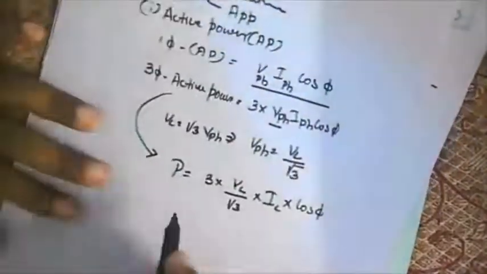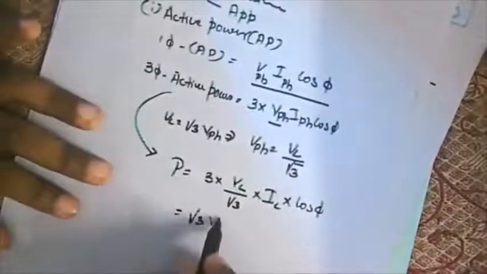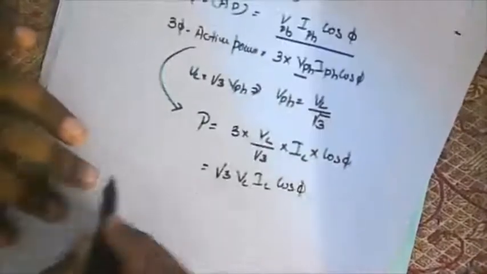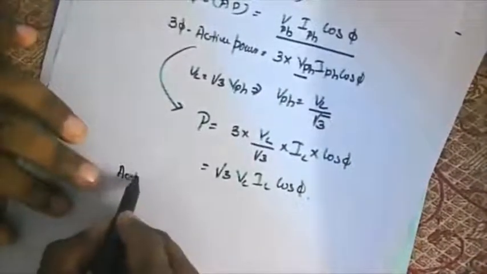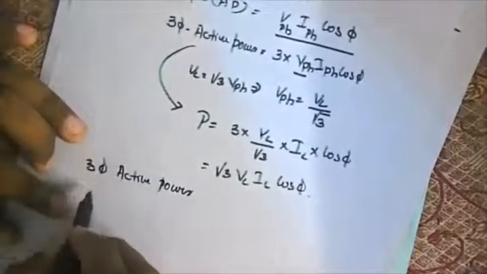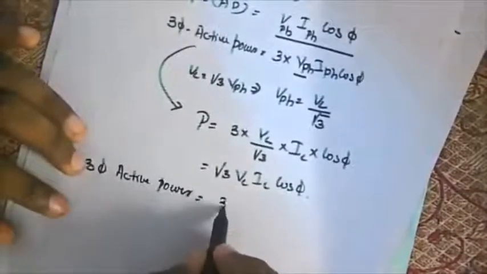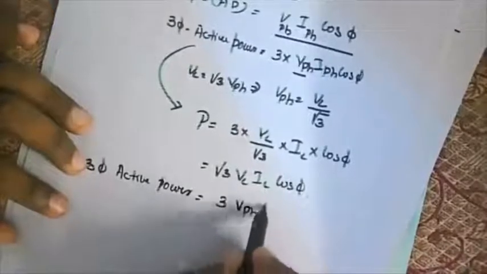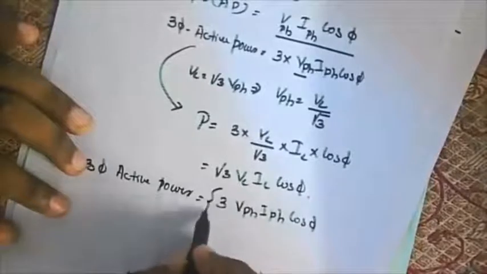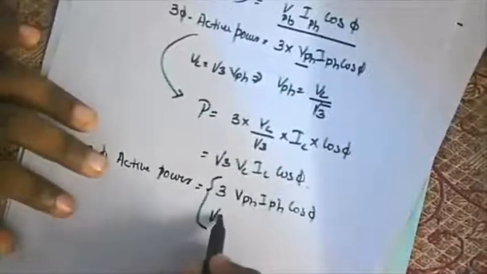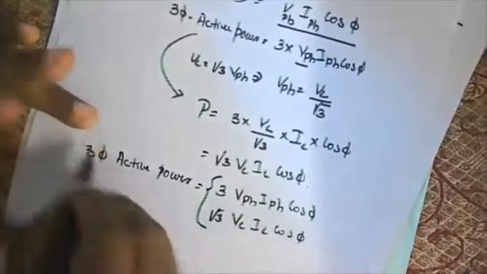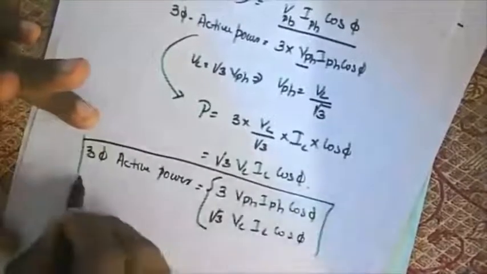This is equal to root 3 VL IL cos phi. So what is the equation for active power? Three-phase active power is equal to 3 V phase I phase cos phi or root 3 VL IL cos phi. Very, very important.